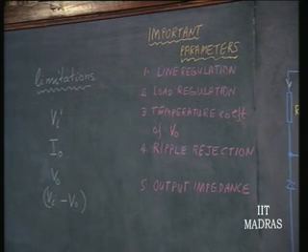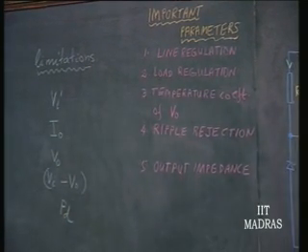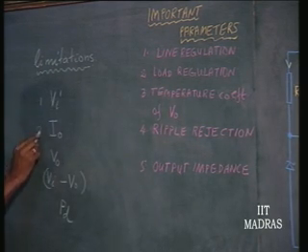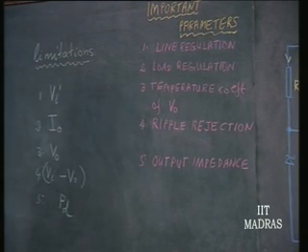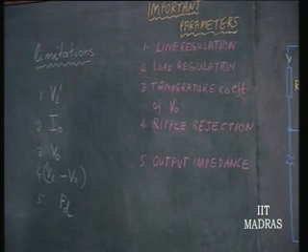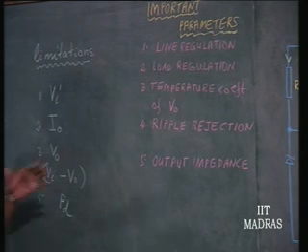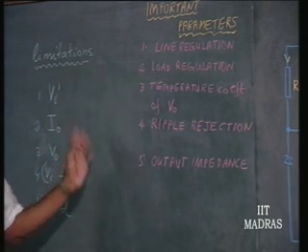Then a very important limitation is PD, power dissipation of the IC. We have to understand all these limitations thoroughly. If we are going to design an IC, then we have to understand how each of these limitations come about.